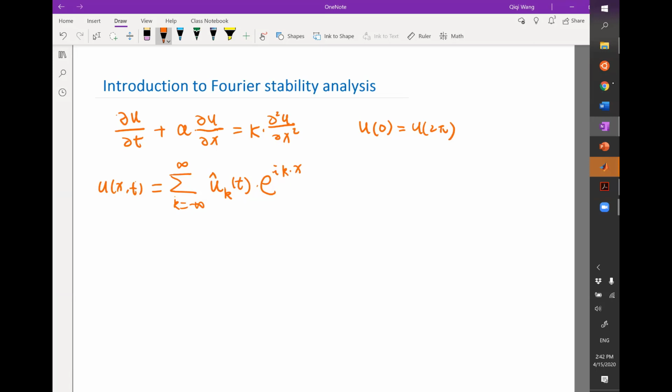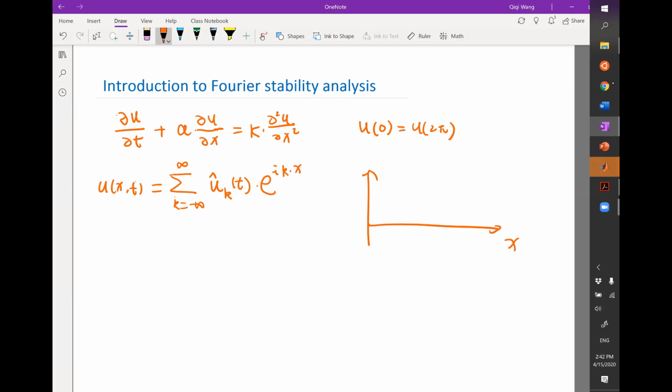In that case, it was a bunch of hat functions, and the coefficients are purely functions of time. This is similar, except the basis functions here are no longer hat functions. Instead, they are periodic functions, e to the ikx.